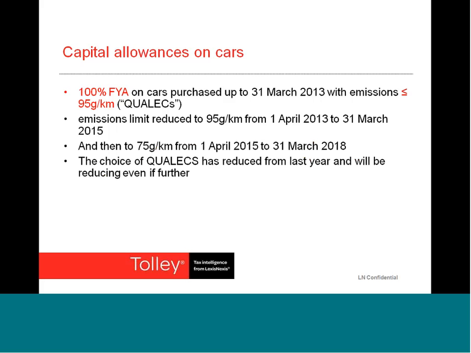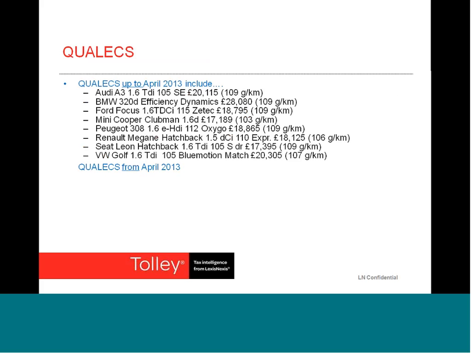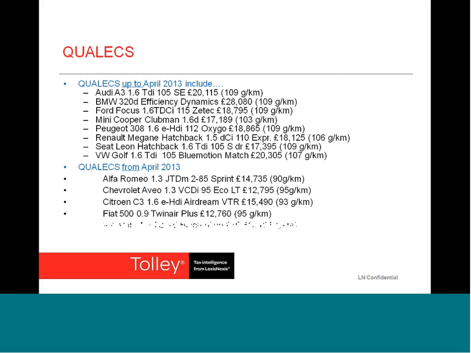Emissions are going down, 95 grams per kilometre, 75 grams per kilometre. If you're looking for very low emission cars, those of you who are interested in that sort of thing, that's what I've put this slide in here to show you. Your choice of low emission cars is getting smaller and smaller as they bring the emissions down.